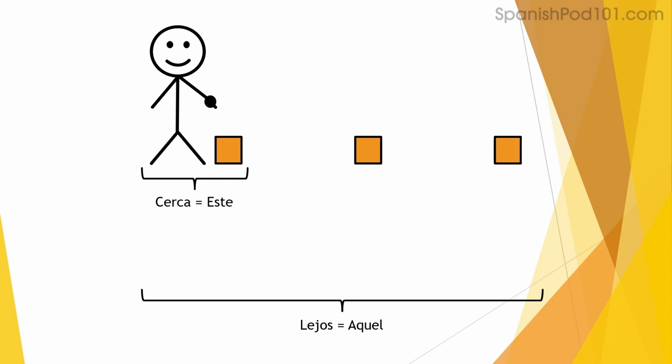But if the object is very far away from you, si el objeto está lejos, so lejos means far, you're going to use aquel.